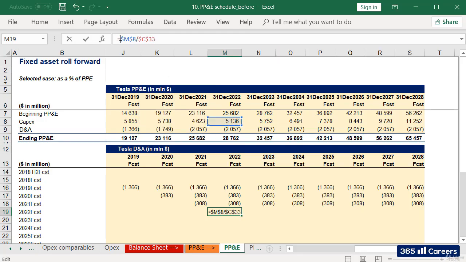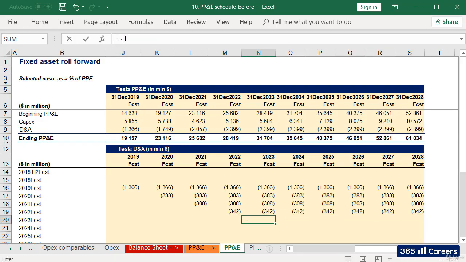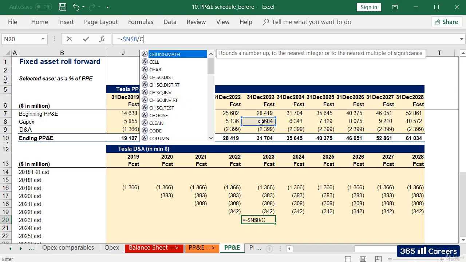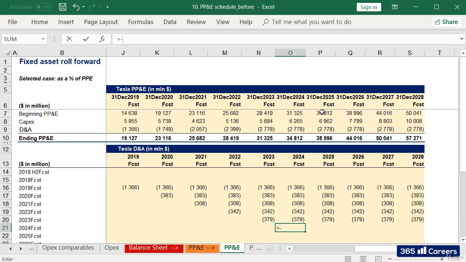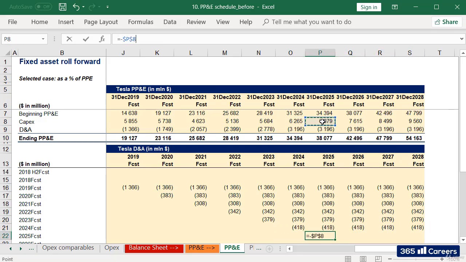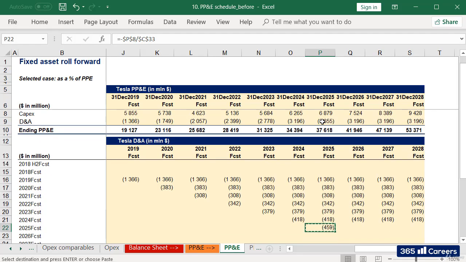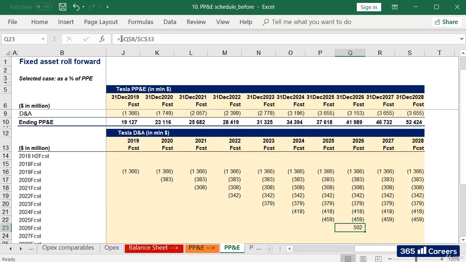Then, I will do the same for 2022, 2023, 2024, 2025, and so on.